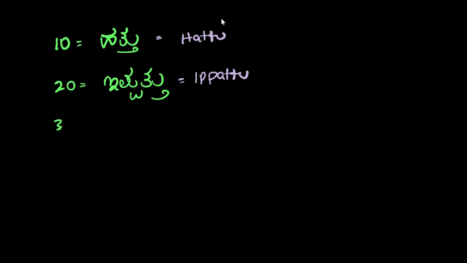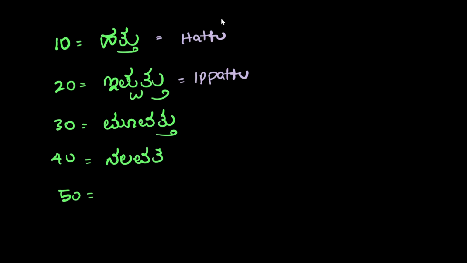Yes, very good. And then comes 30. Let me write 40 and 50. What is for 30? 30 is ಮೂವತ್ತು. 40 is ನಲವತ್ತು. 50 is ಐವತ್ತು.